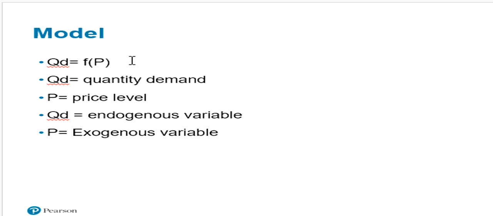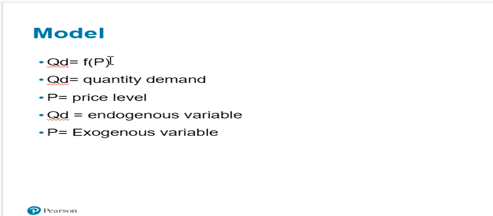But for simplicity of the model, as I discussed in the previous slide, we take all other things as constant. We do not want to discuss the complex situation of the market. We make things simpler.